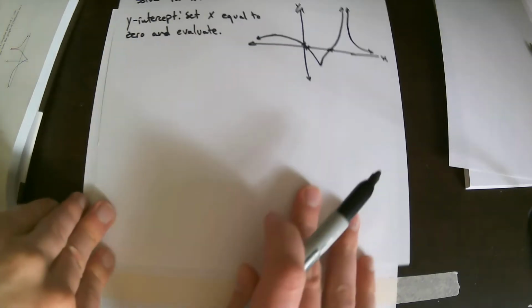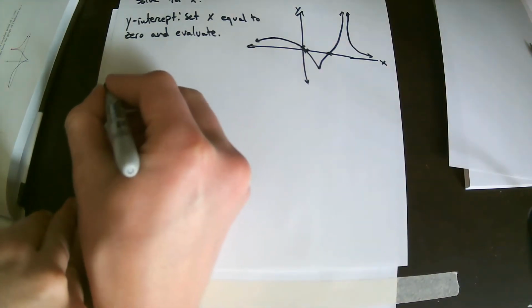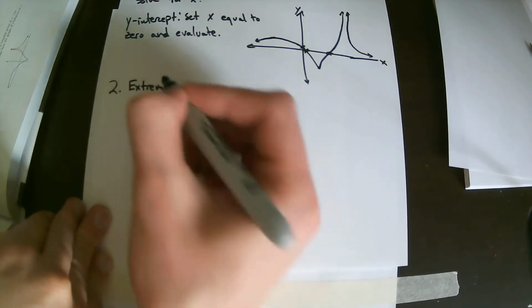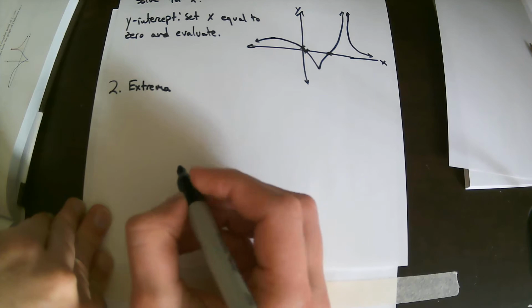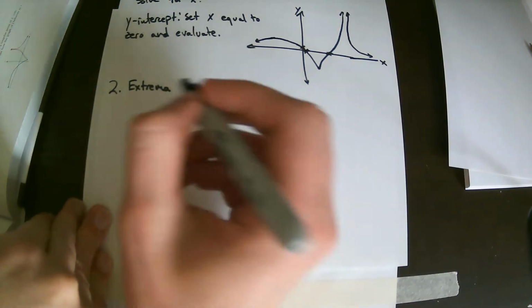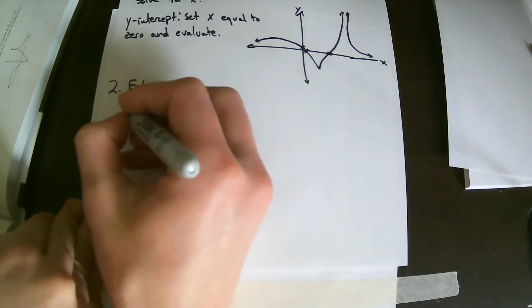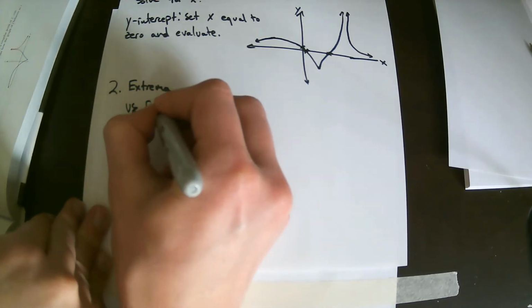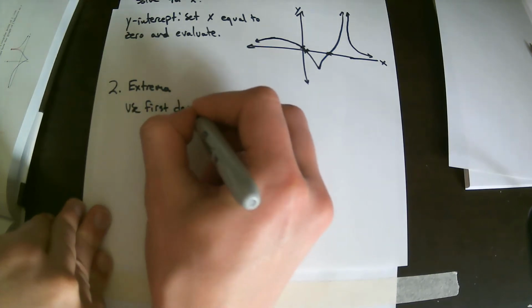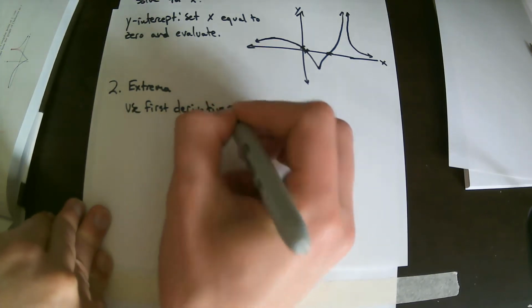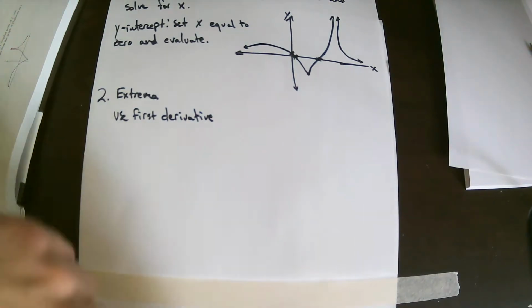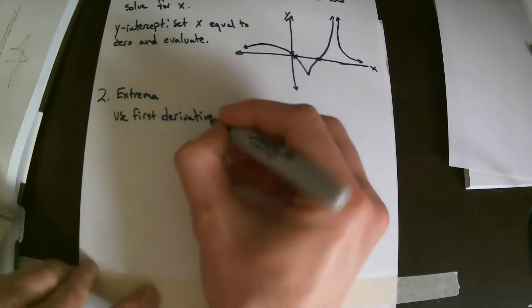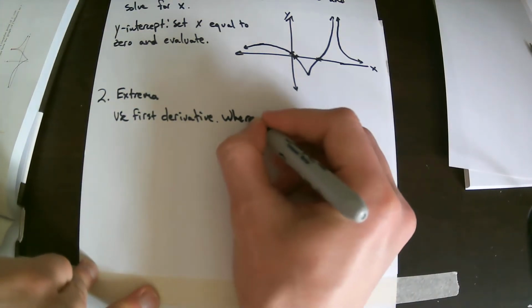Okay, then we've got extrema. This is going to come from locating max and min. So that's where we use the first derivative. We ask, where is the first derivative 0?